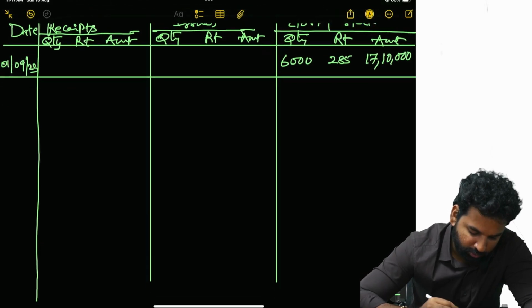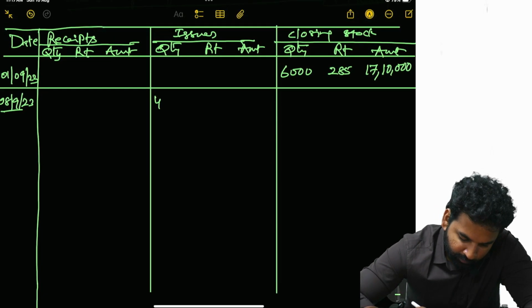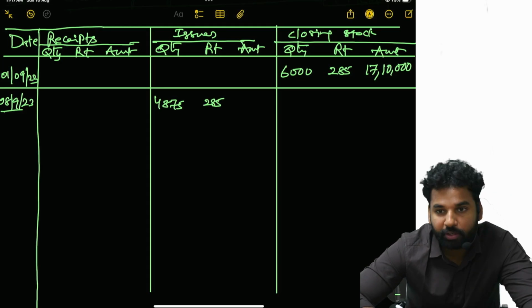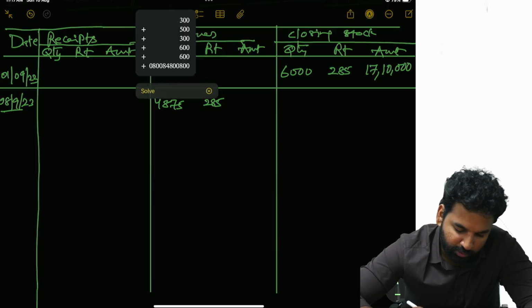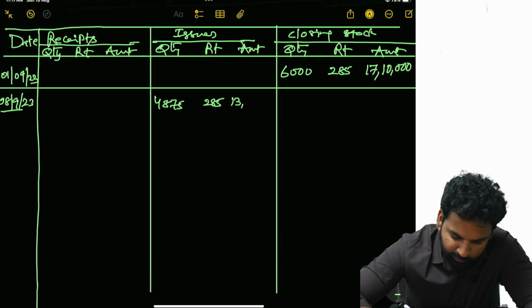Issued on 8th September 23 there is an issue. Issue of how much material? 4,875 materials issued at 285 only. So what will be the cost then? 13 lakh 75,125 will be the cost.